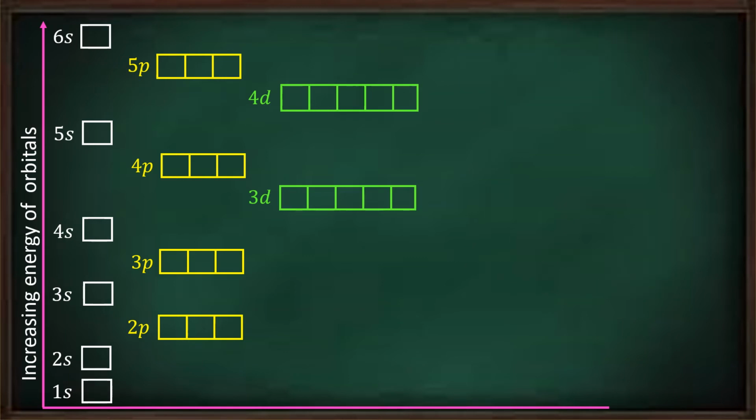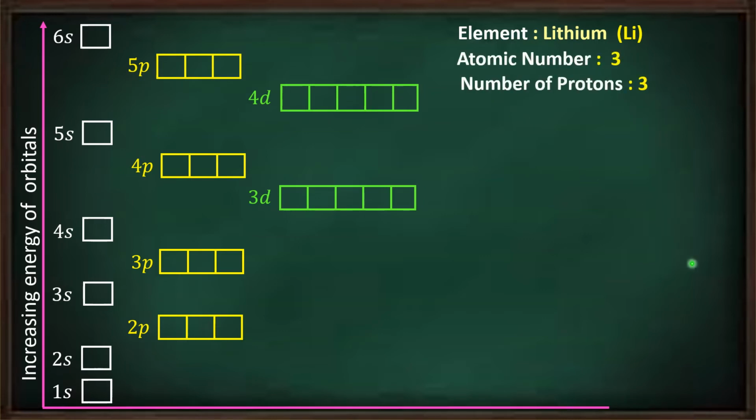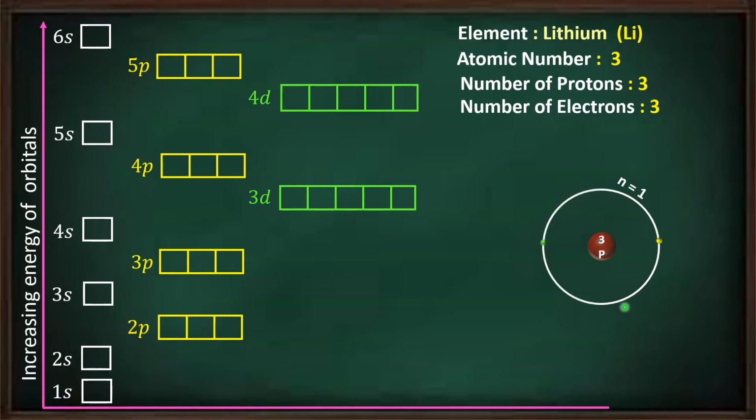Next, the third element is lithium, Li. Its symbol is Li. Atomic number is 3. Number of protons 3. Number of electrons is 3. So the nucleus of lithium has 3 protons and 3 electrons revolve around this nucleus.